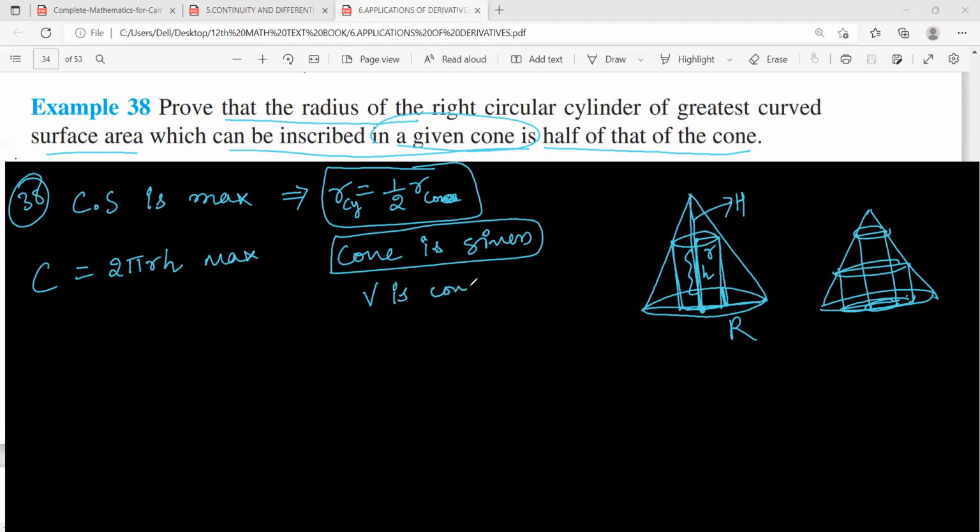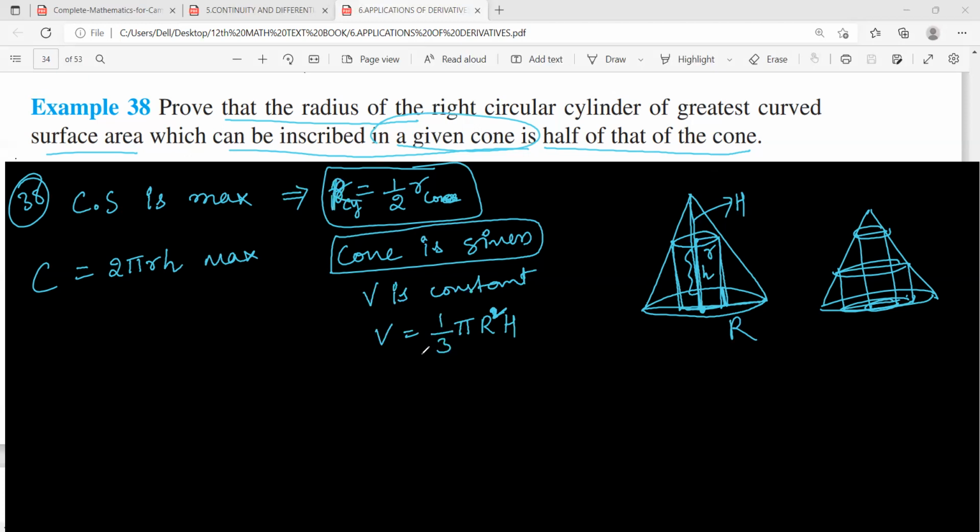Volume is 1 by 3 pi R square H. This is fixed. We take capitals because the cone is the bigger one, since we are inscribing the circular cylinder in the cone. So pi R square H are constants, and this is now capital.